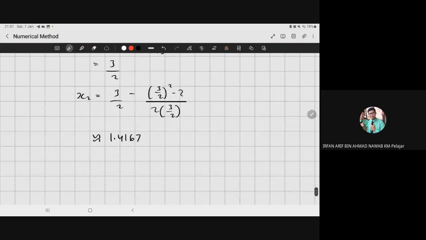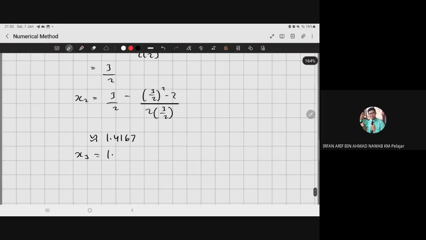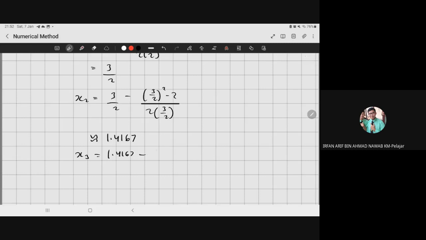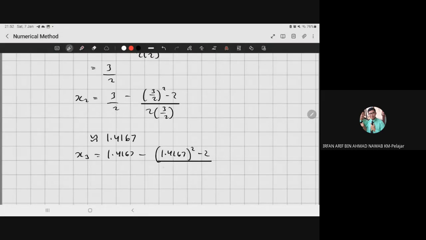And then continue on your working. X sub 3 is 1.4167 minus (1.4167 squared minus 2) divided by 2 times 1.4167. Yeah, that's about it.